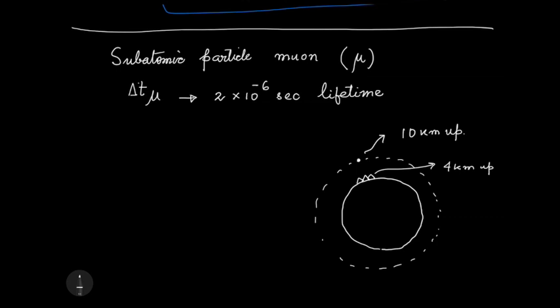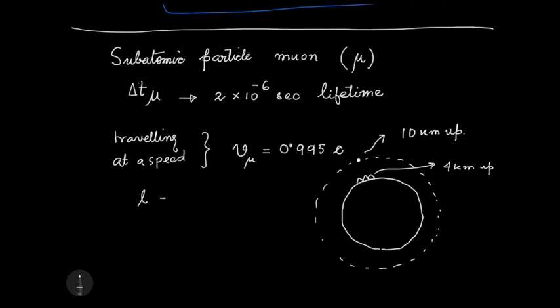Okay. Now, if I say delta t is the time it lives, and say they're traveling at a speed v mu is almost the speed of light. So let's say 0.995 times the speed of light, almost the speed of light. So you can take it as c for the timing. Okay, so let's see how much distance it will be able to travel.